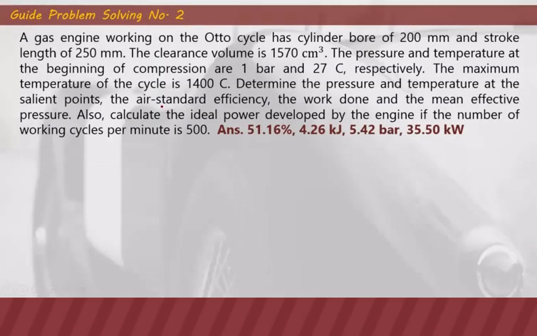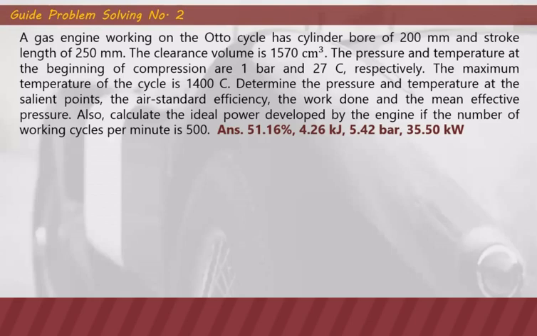Okay, guided problem solving number 2. A gas engine working on the Otto cycle has a cylinder bore of 200 mm and a stroke length of 250 mm. The clearance volume is 1,570 cm³. The pressure and temperature at the beginning of compression are 1 bar and 27 degrees Celsius respectively.